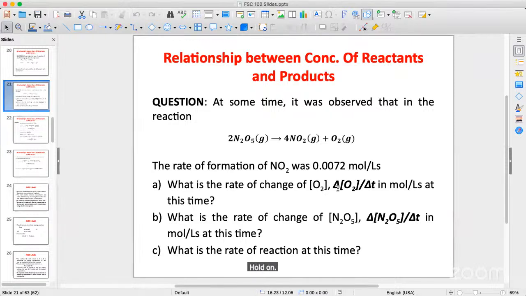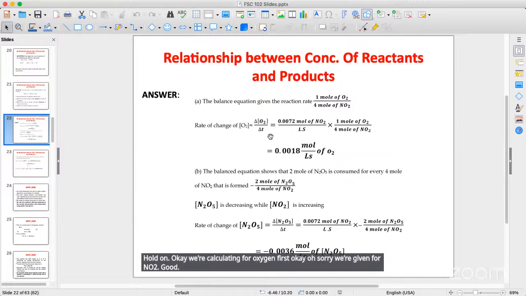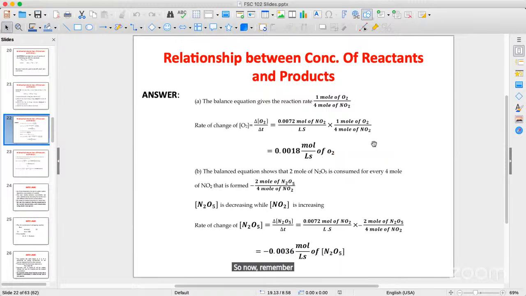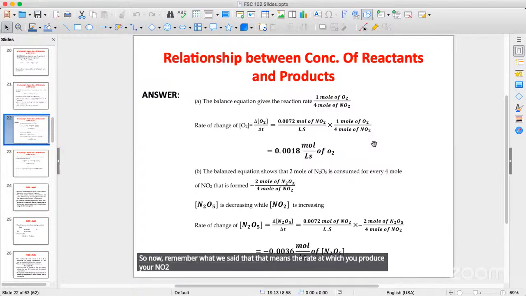Okay, we're calculating for oxygen first, and we're given the rate for NO2. So now remember what we said, that means the rate at which you produce your NO2 is quadruple the rate at which you produce your oxygen.